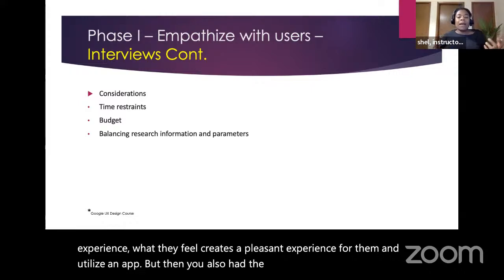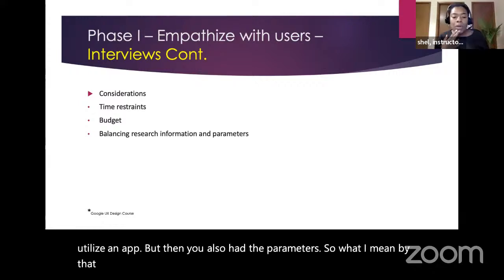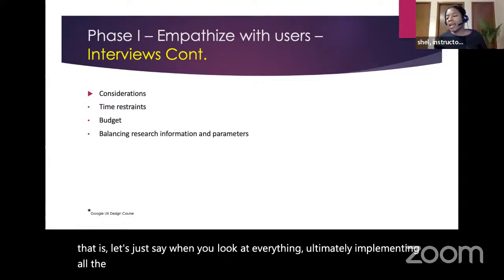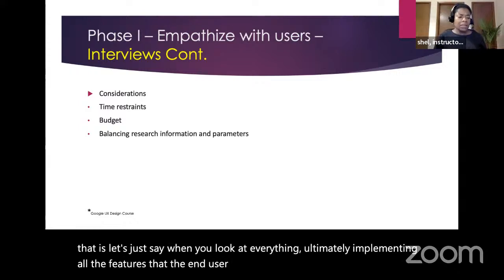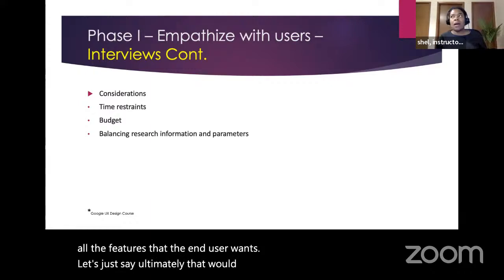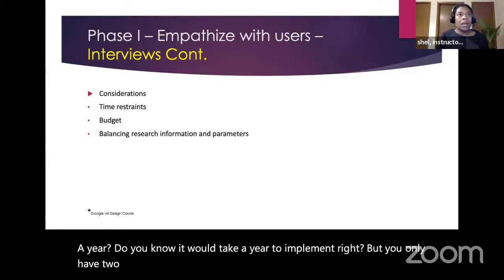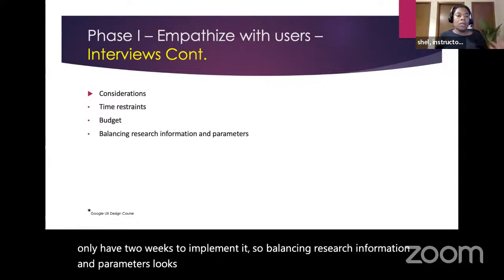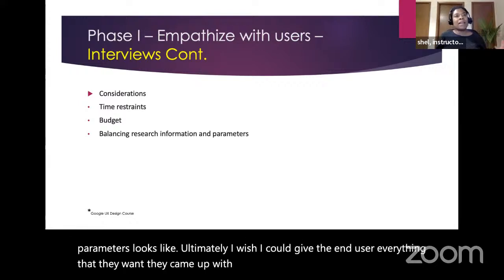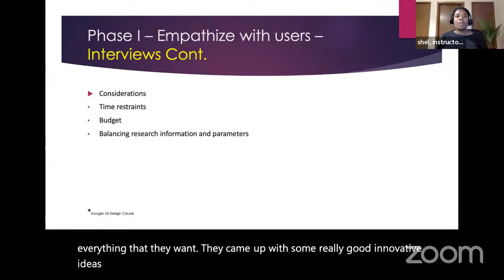Let's just say implementing all the features that the end user wants would ultimately take a year. It would take a year to implement, but you only have 2 weeks to implement it. So balancing research information and parameters looks like this: I wish I could give the end user everything they want. They came up with some really good, innovative ideas, but to implement all of them would take a year, and we only have 2 weeks.